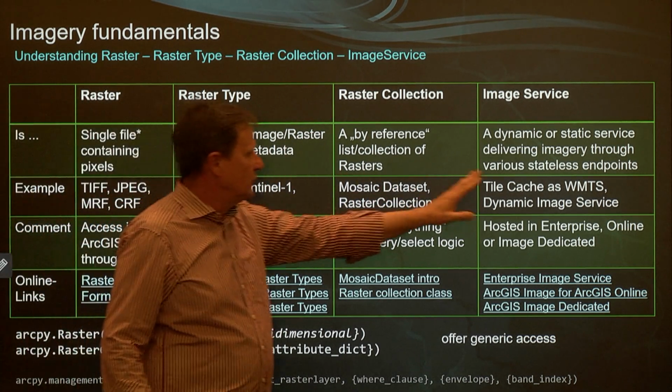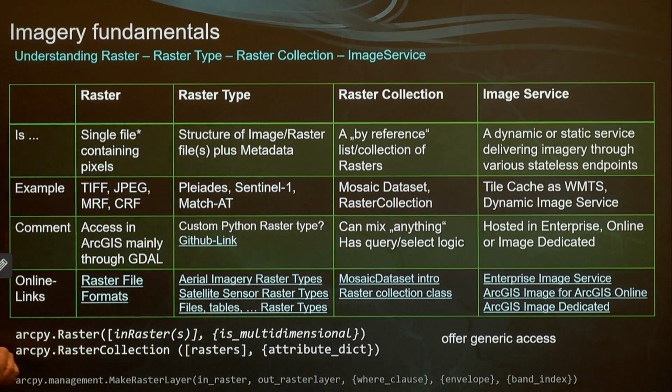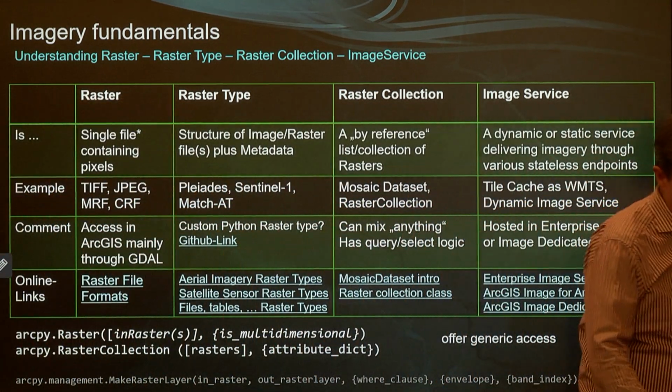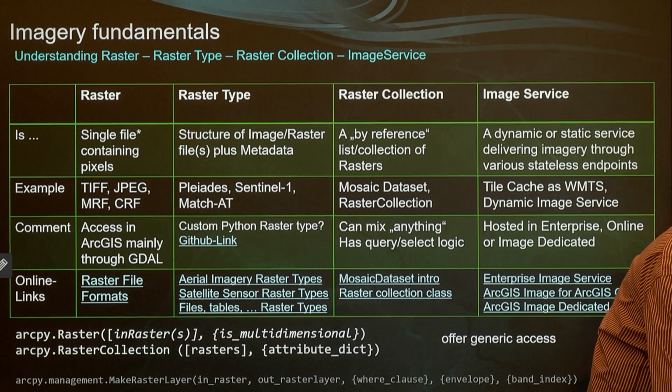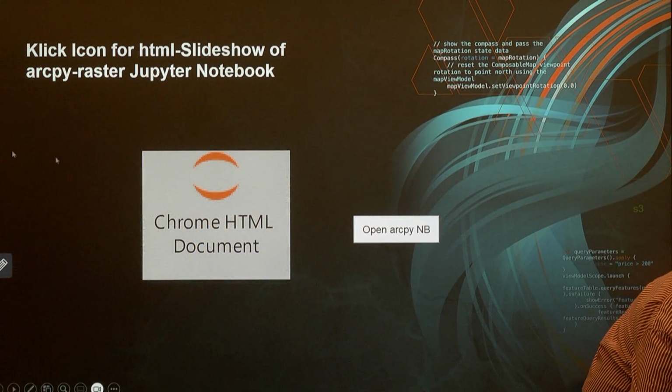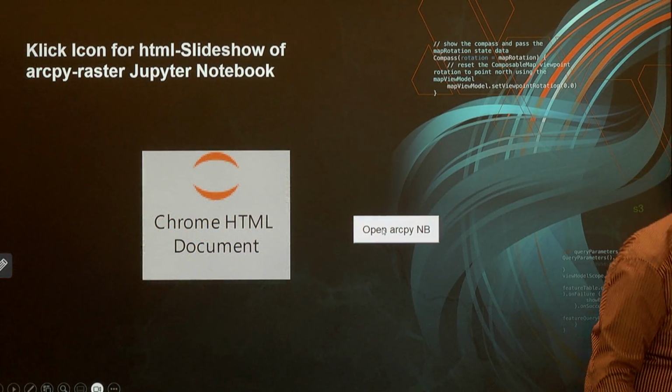And up to the point where the image service and the Mosaic dataset are also basically nothing else but a raster object that I can use and work against. They have all some specialties, some ways to treat them, maybe even some do's and don'ts, but in general it makes it a lot easier for you, because all these have generically the same access mechanisms. Once you've loaded them, you work with the same information on them. So let's just see this in a little notebook.